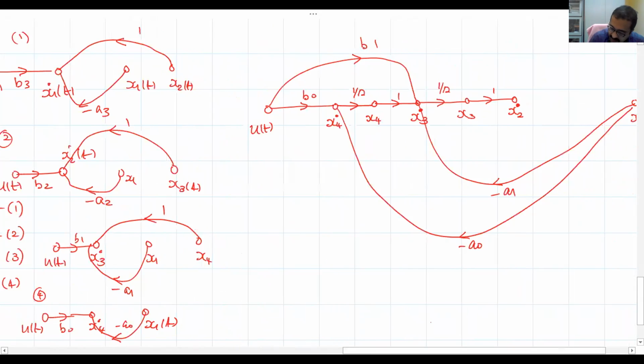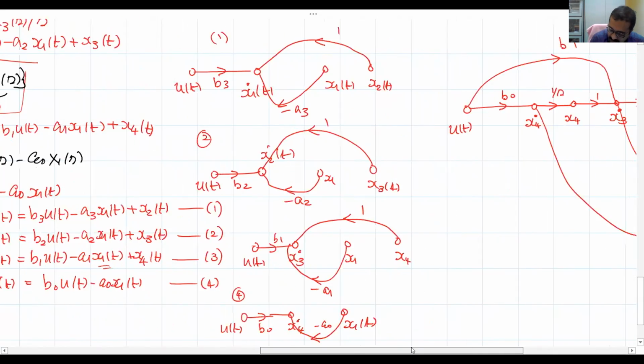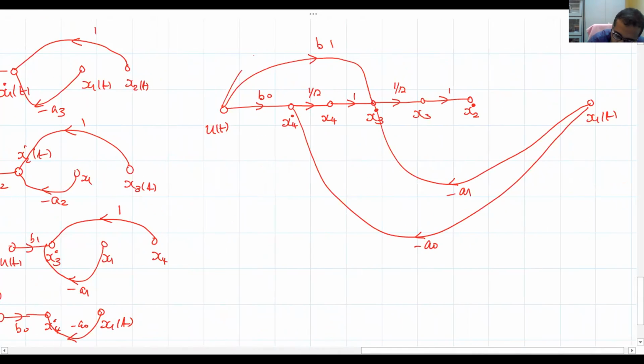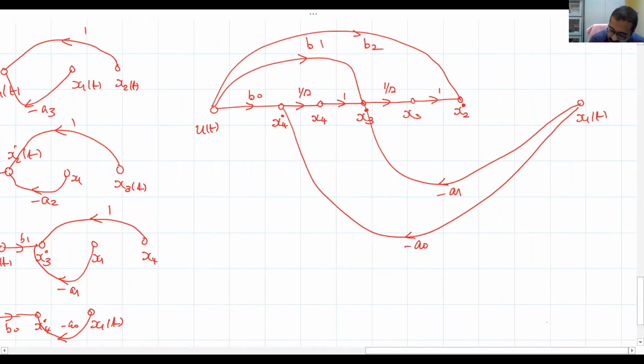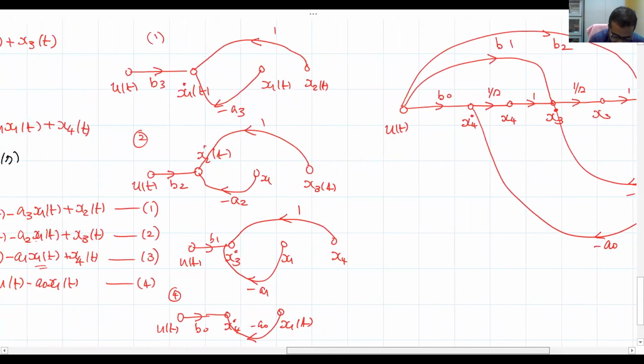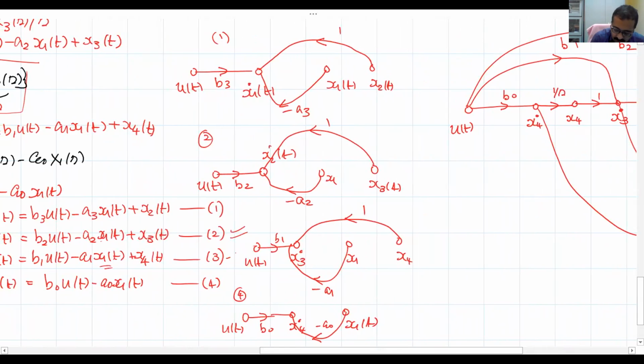It is x3 plus b2 u of t, so there should be a branch from u at b2. Then minus a2 x1 of t, a signal from x1 at a gain of minus a2. So we are done with the second equation also.